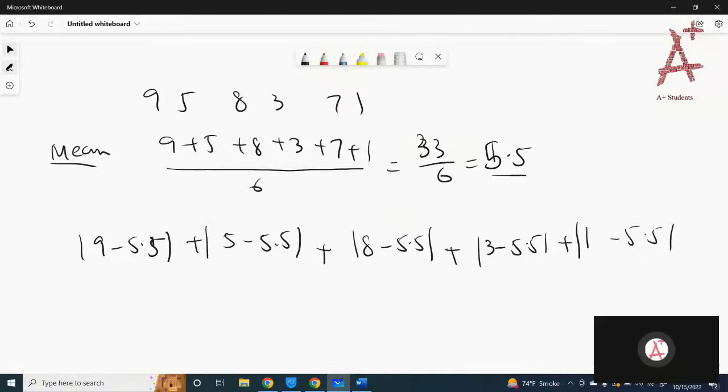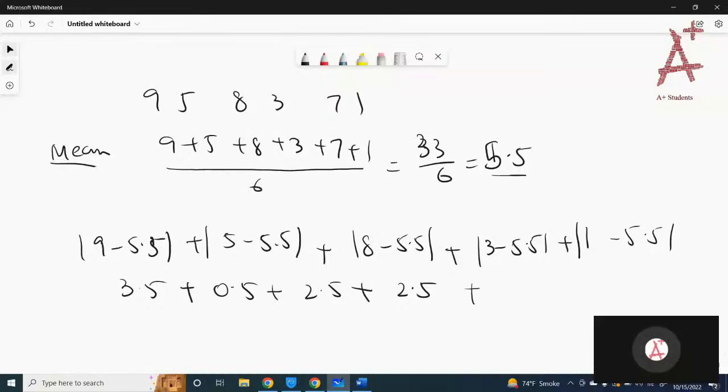9 minus 5.5 is 3.5, plus 5 minus 5.5 is 0.5, plus 8 minus 5.5 is 2.5. 3 minus 5.5 is 2.5, and the absolute value makes it positive.